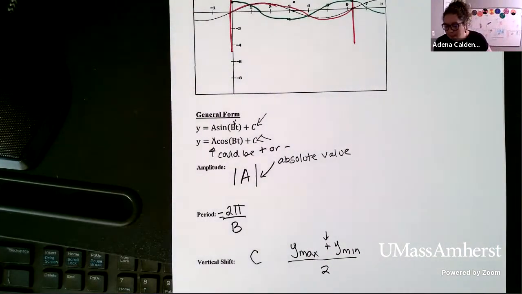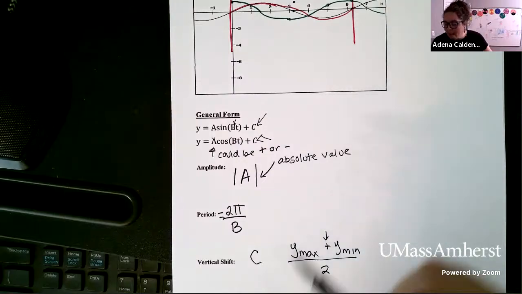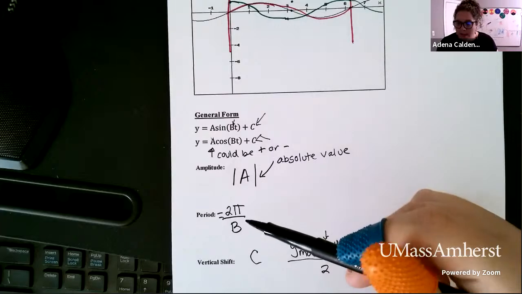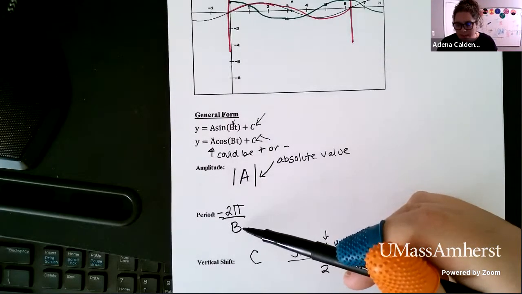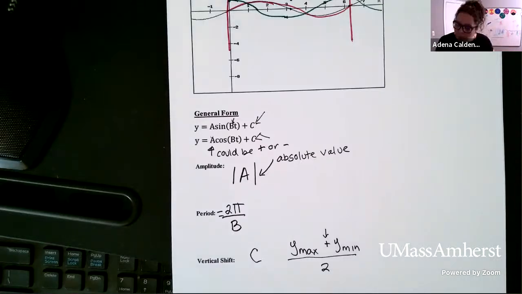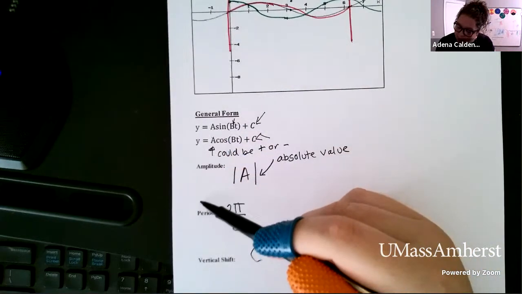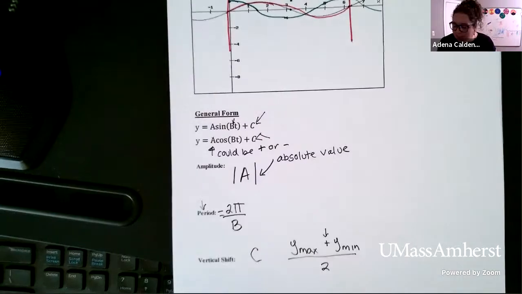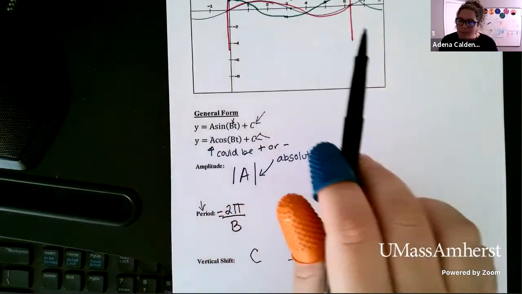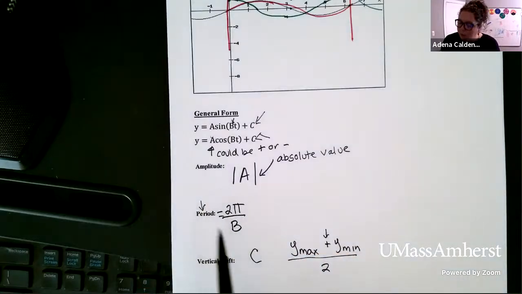So what does that mean? That means if we have the function, we can take b and find the period by plugging it in here, okay? If, however, we have a picture, we can find the period and plug it in on the left-hand side to solve for b. So remember, the period is how often we repeat. So where you plug it in depends on the information you have.